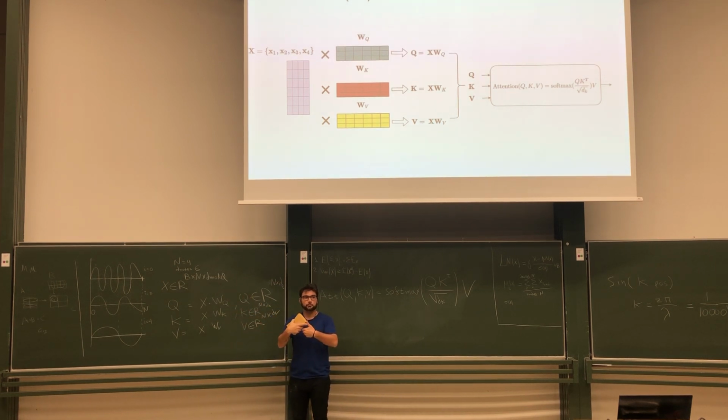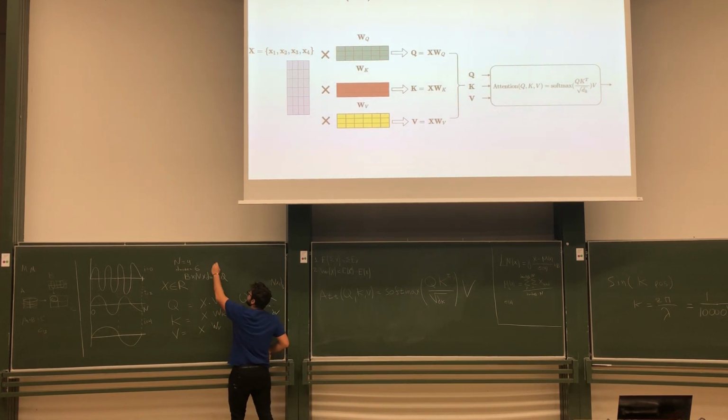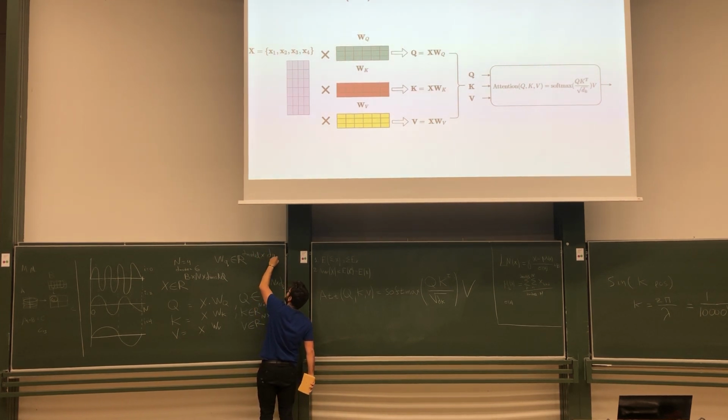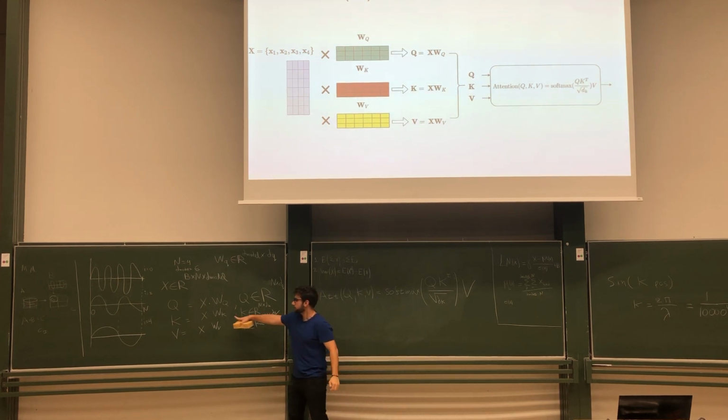Yes, I didn't say, this is the shape of W, not the shape of Q. So it's d_model times d_q. And I'm not writing it down, but similarly for these ones.